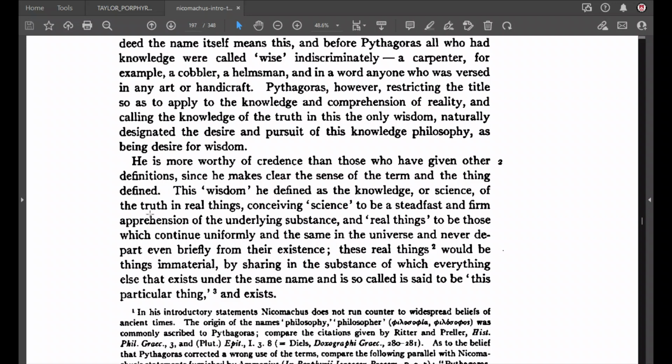Real things are those things which continue uniformly and the same in the universe and never depart from their existence. They always exist. Anything that always exists is real, and anything that does not always exist, according to Pythagoras, is not real.